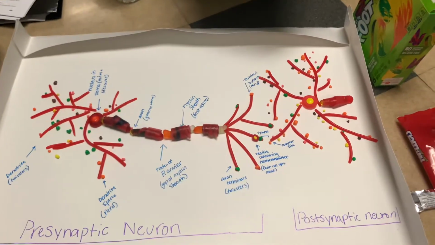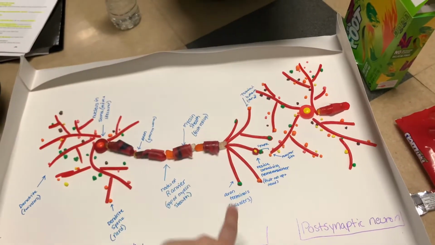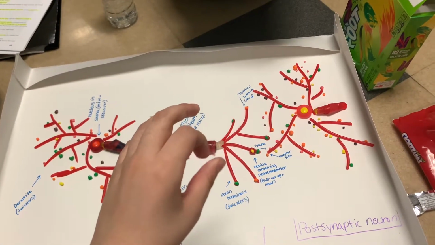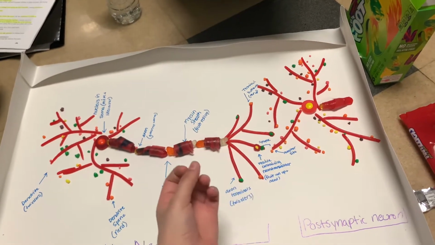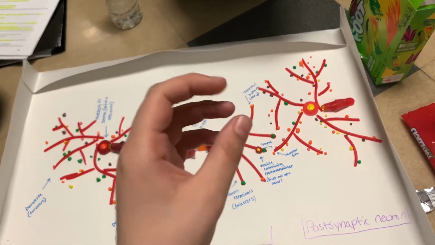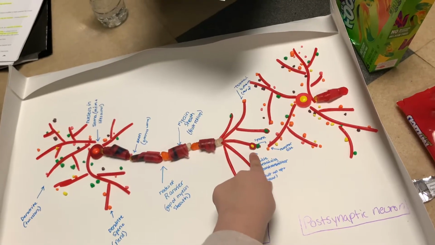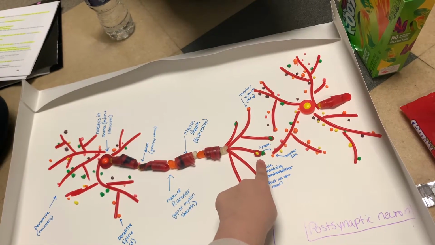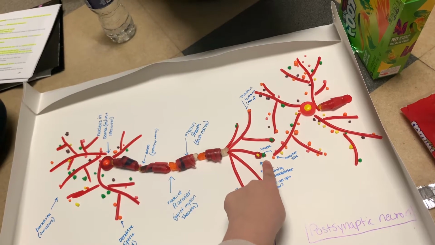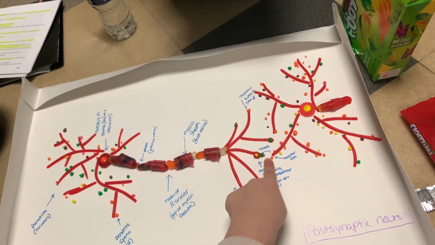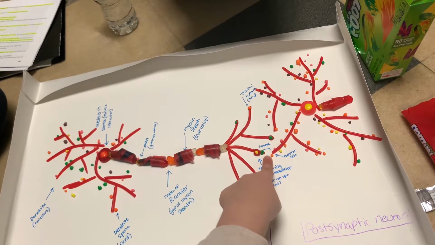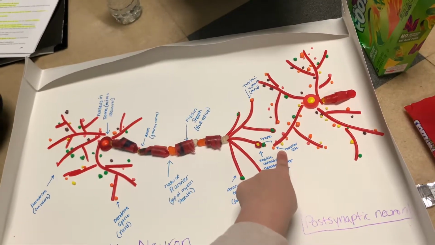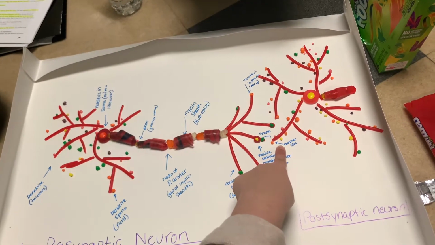So once this electrical impulse reaches the terminal buttons, the information is sent to these neurotransmitters, which are basically in this type of vehicle that's called a vesicle. And what these do is that these vesicles carry these neurotransmitters across the synapse, which is a passageway for them basically, and they go to the receptor site of the postsynaptic neuron.